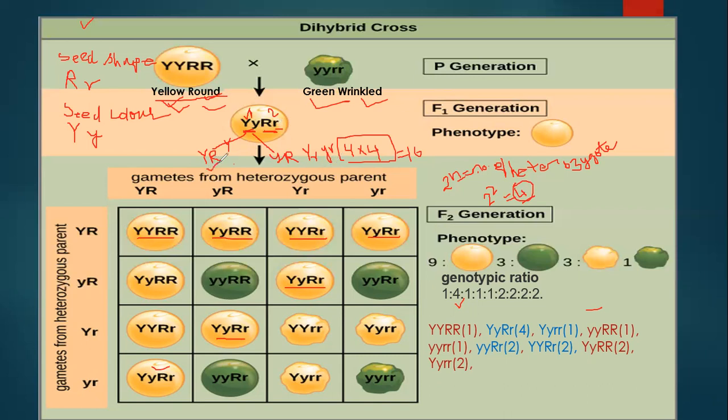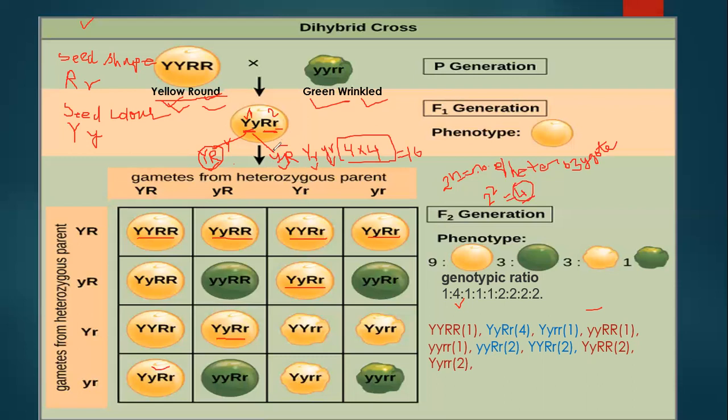So we have capital Y capital R, capital Y small r, small y capital R, and small y small r. So what you are able to see is that in every gamete you have one allele from each trait, and in a gamete you should have one gene for every trait. If this is one gametic cell, from the traits, that is seed color, you have the capital Y gene, and for the shape you have the capital R gene.